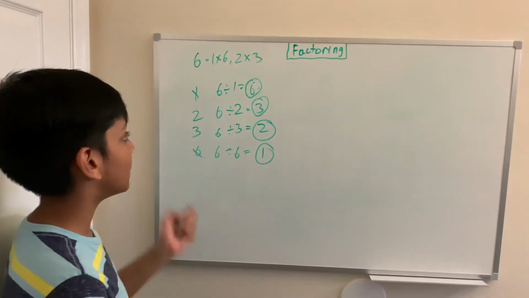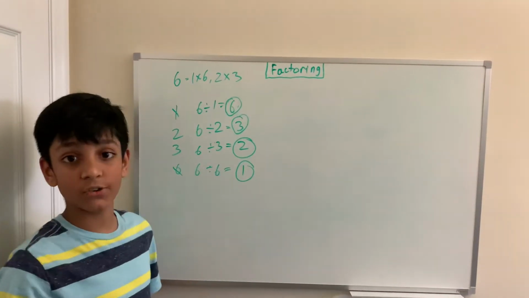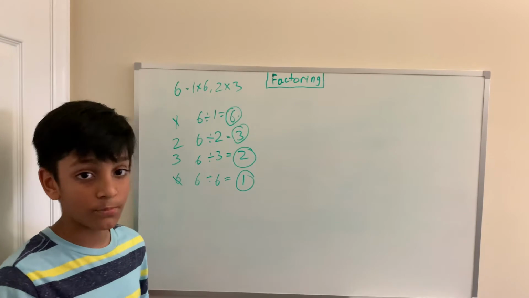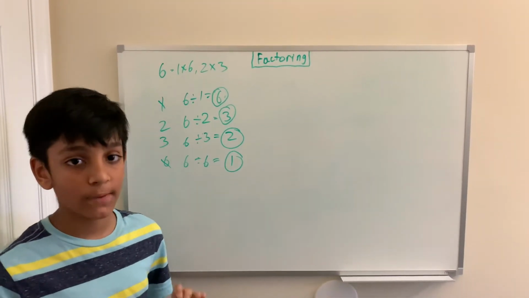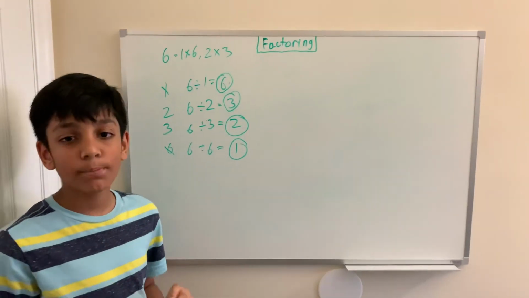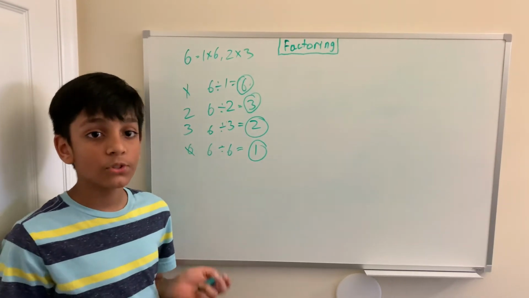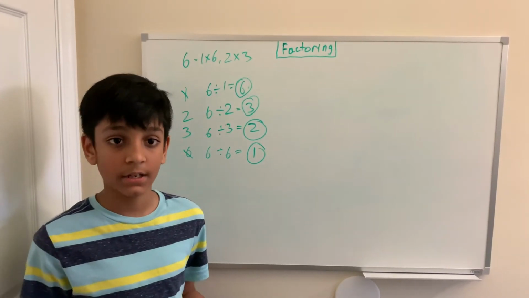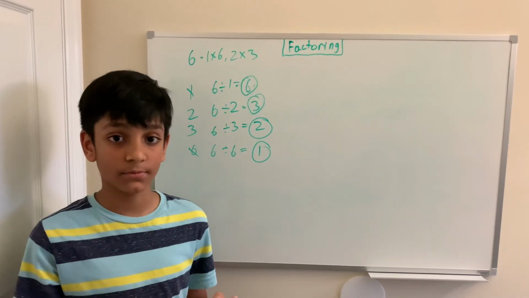So that's all with factoring, but there's something that factoring is involved in, and that's called prime factoring. Prime factoring is when you factor, but you have to make sure that all of the numbers you end up with are prime numbers. Right now you're probably wondering, what are prime numbers? Well, prime numbers are numbers that only have 2 factors, 1 and itself.